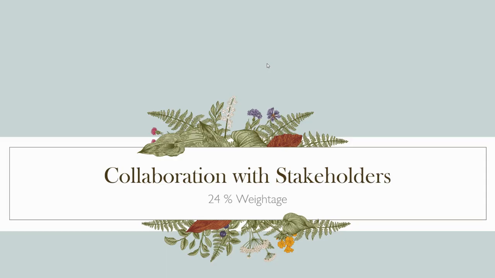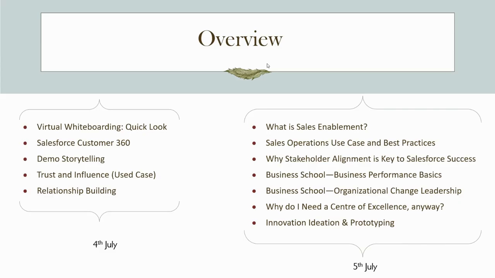Later we started with collaboration with the stakeholders. In the collaboration part, we talked about how to collaborate with stakeholders and the various areas to look for, like documentation, understanding the requirement through whiteboarding, different methods to gather requirements, and how to visualize the customer in a 360-degree view.